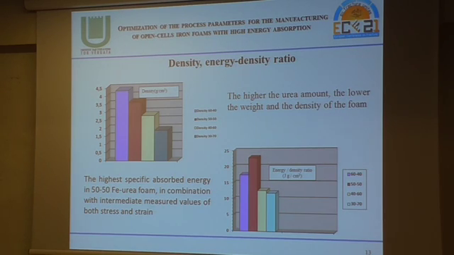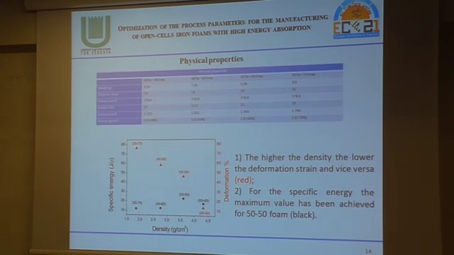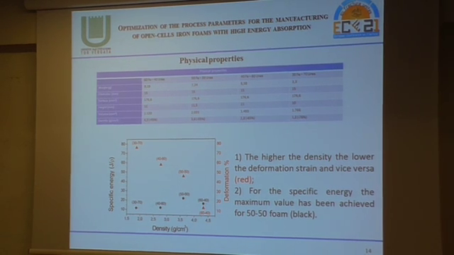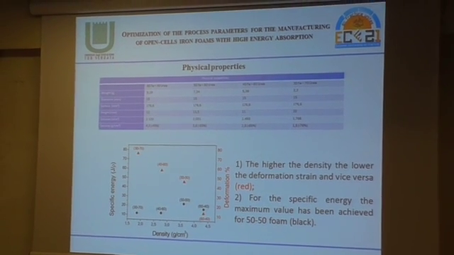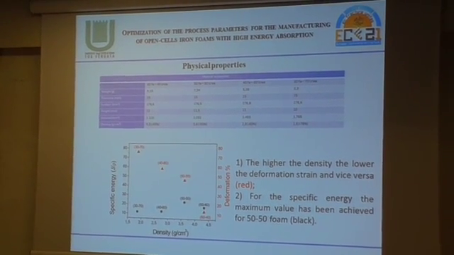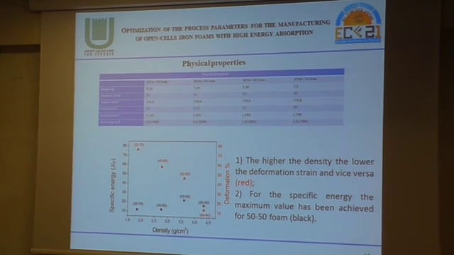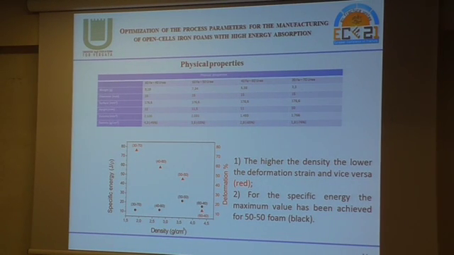So the optimum is achieved with the 50-50 foam. In this table I report the main physical properties, and in the graph at the bottom we can see that for the red points, the higher the density, the lower the deformation strain, and vice versa. While for the specific energy we have not a uniform trend, but we have a maximum value for the 50-50 foam.